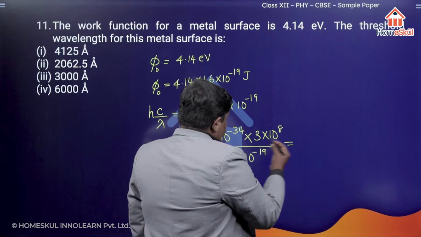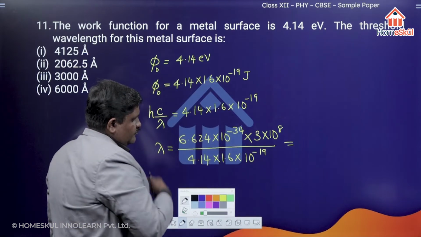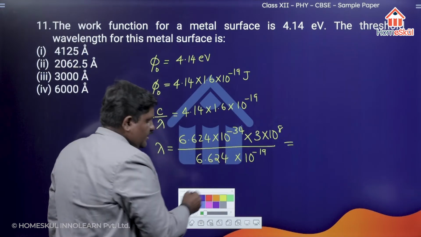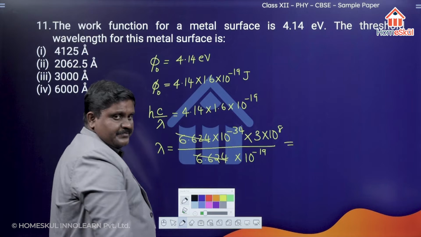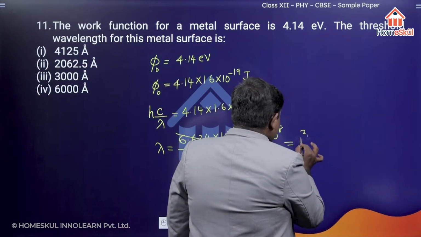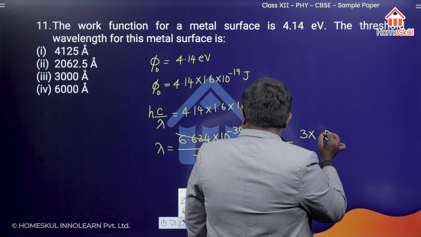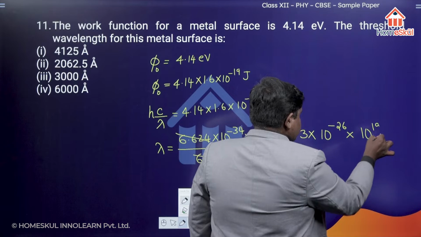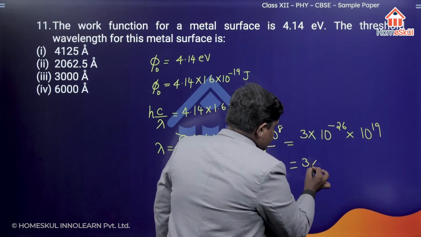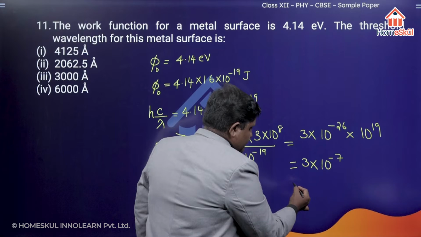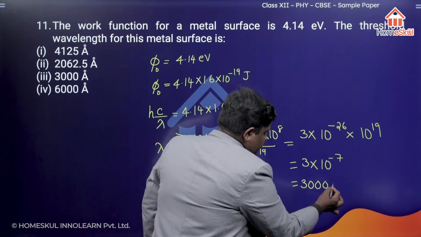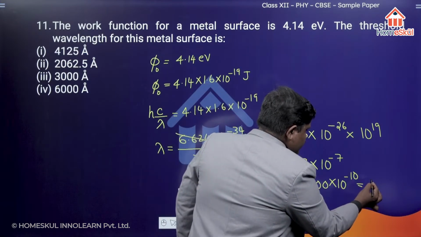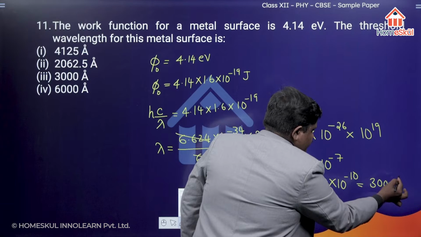When we calculate 4.14 into 1.6, we get 6.624. Now we have to cancel this one. Therefore we get 3 into 10 raised to minus 26 into 10 raised to 19. That is equal to 3 into 10 raised to minus 7. That is equal to 3000 into 10 raised to minus 10. That is equal to 3000 angstrom.